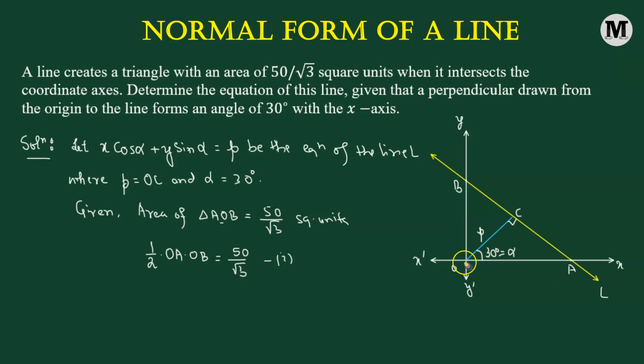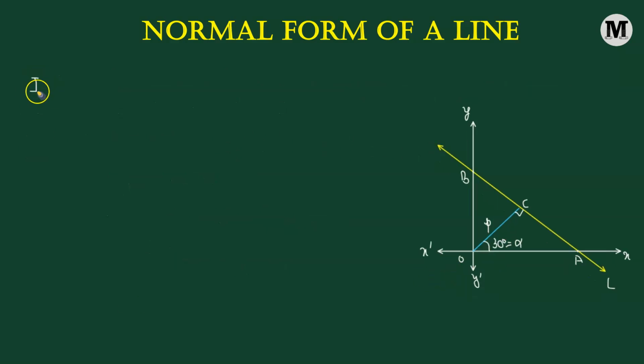Here we're going to consider the lower triangle OAC and take cosine of the angle 30 degrees. In the lower triangle, we have the triangle OCA, which is right angled at C. The angle AOC equals 30 degrees, as given in the problem.